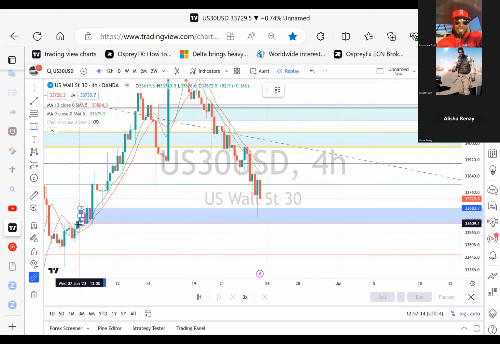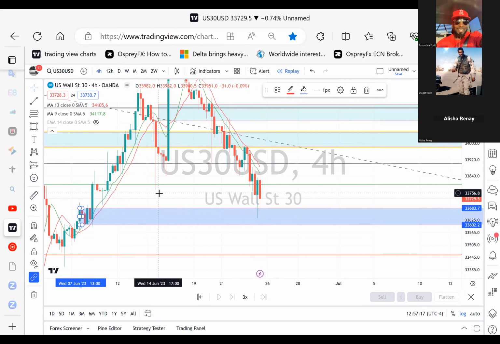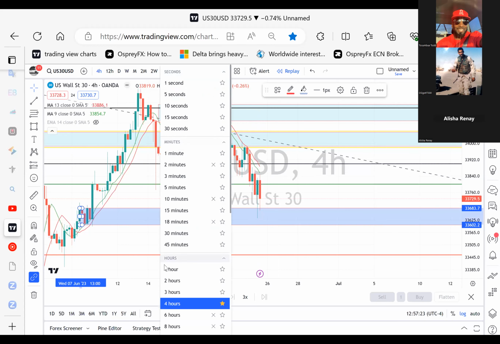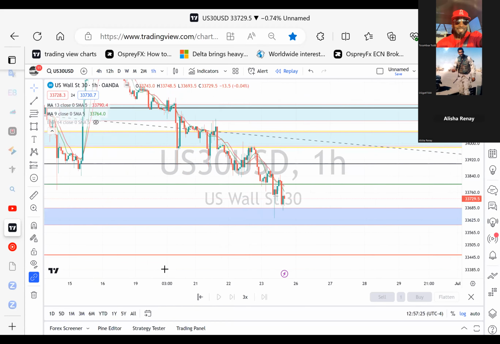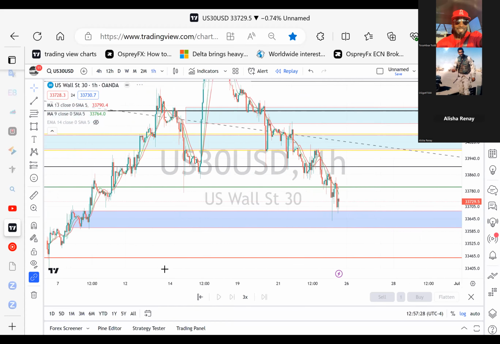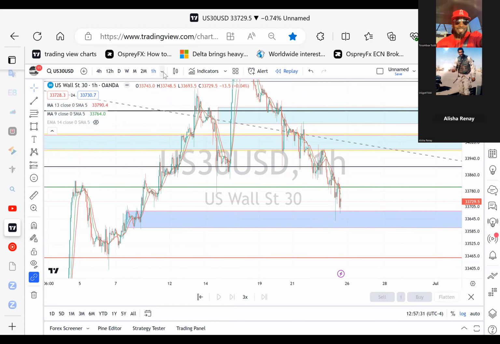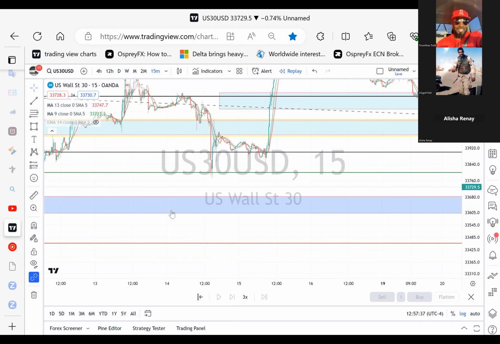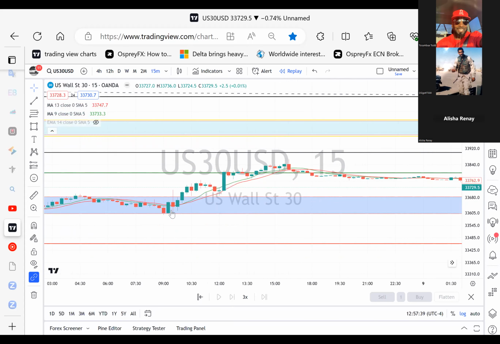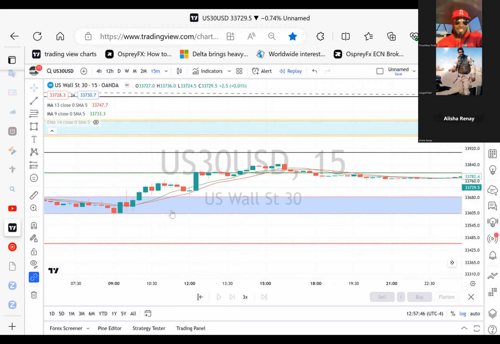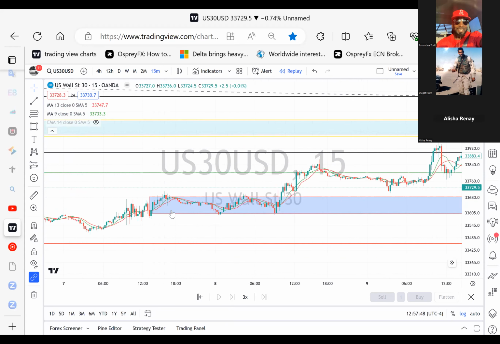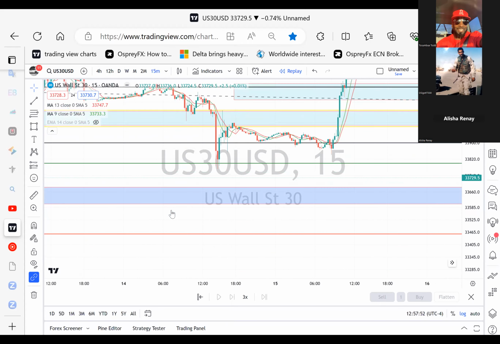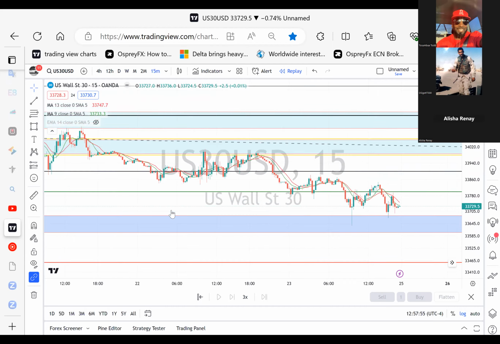We've rejected from this area right here already. I would expect it to do it again, retest. Because there are back-to-back bullish order blocks there, you need to look on a higher time frame. No, lower is good right here. This is the area I would look for price to turn.